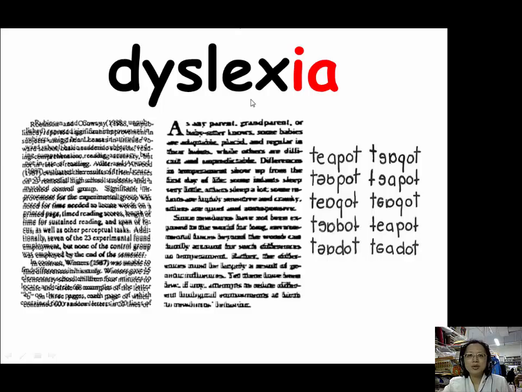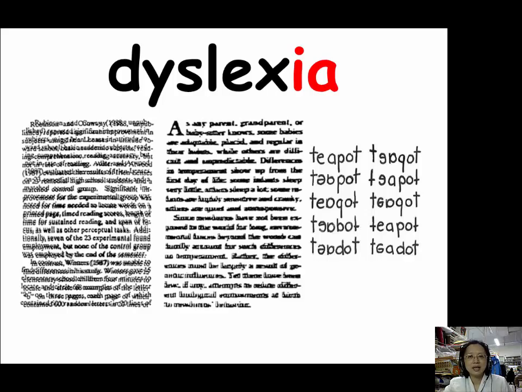And the middle part, LEX, comes from the Greek word LEXIS, meaning word. And IA is condition, so word condition, meaning dyslexia is a reading disorder. The person has trouble with reading. And dyslexia is not related to problems with overall intelligence. They just have trouble reading.